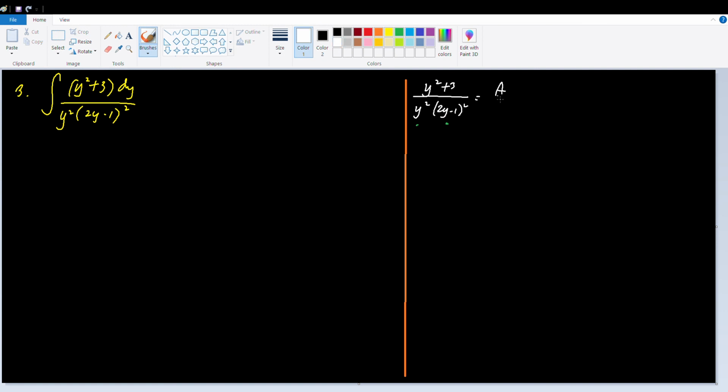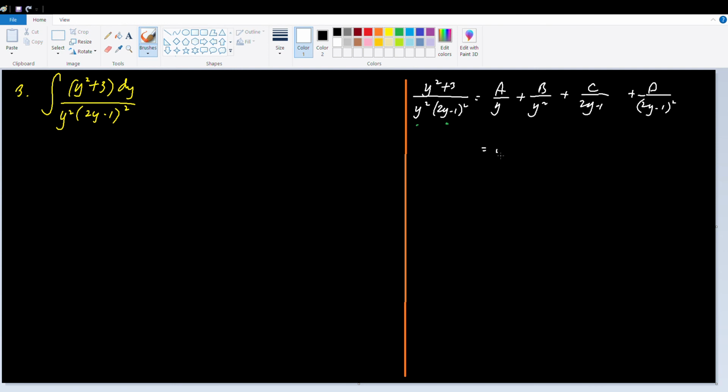So a over y plus b over y squared. Y squared will correspond to two partial fractions, a over y and b over y squared. Basically, it is y, linear, and repeated twice, plus c over 2y minus 1 plus d over 2y minus 1 squared. Okay?